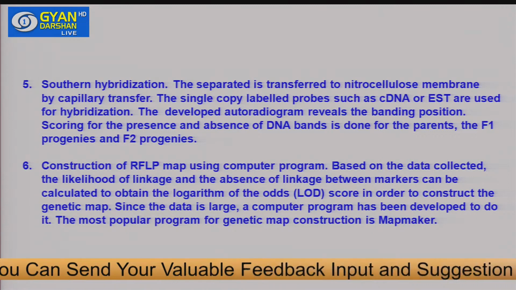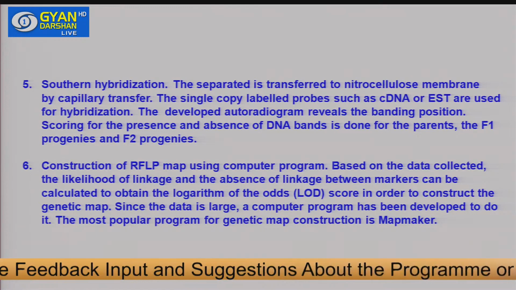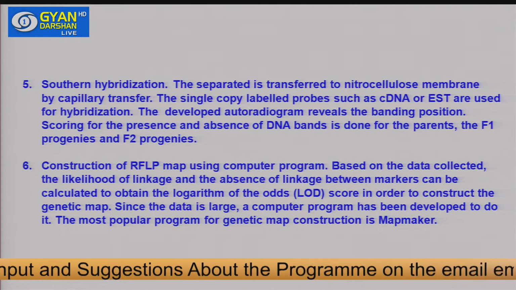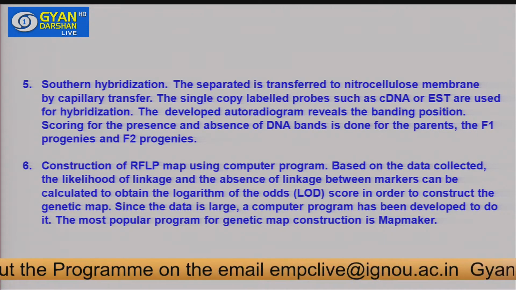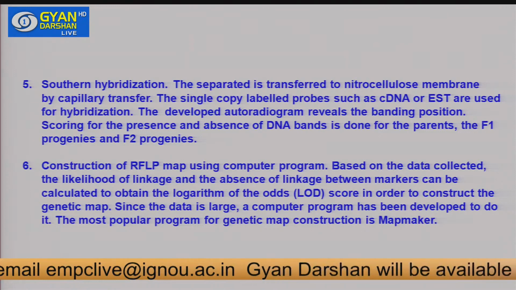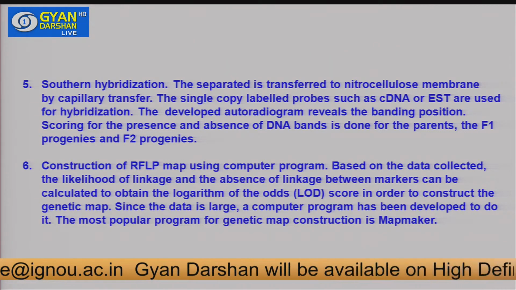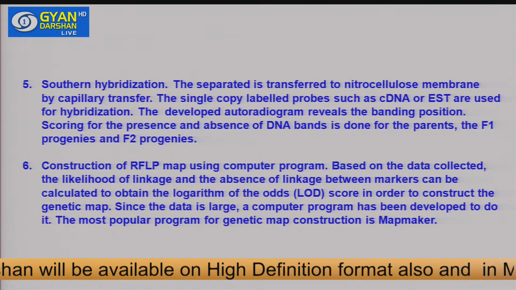Construction of RFLP map using computer program. Based on the data collected, the likelihood of linkage and absence of linkage between markers can be calculated to obtain the logarithm of the odds, that is LOD score, in order to construct the genetic map. Actually, LOD score gives you an idea of the evolutionary affinity, how close they are.